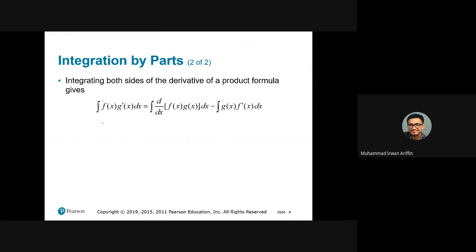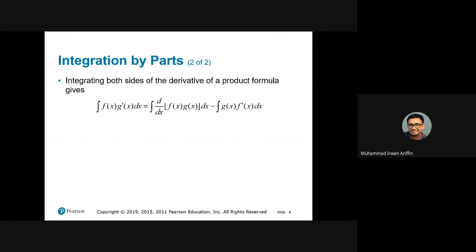Now from here, we're going to integrate the whole equation, integrating both sides. Take note of the first term on the right-hand side.